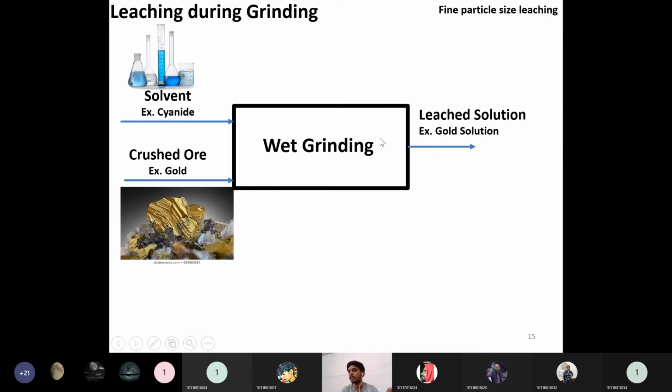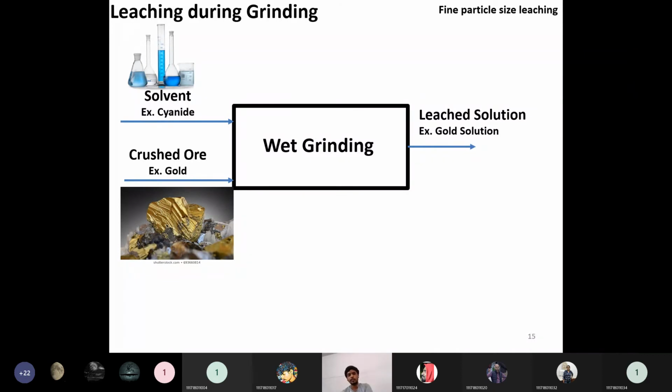Finally the leached solution will be extracted and subjected to further purification. This is the idea behind this one, and it is very popularly used in gold mining operations. This is leaching during grinding, in which solvent plus crushed ore flow parallel to each other.